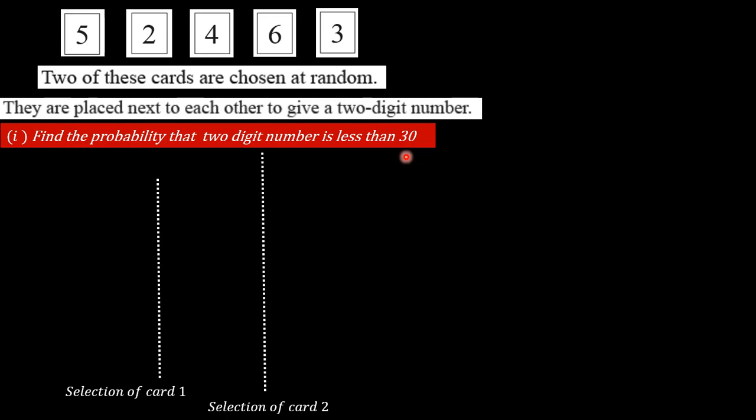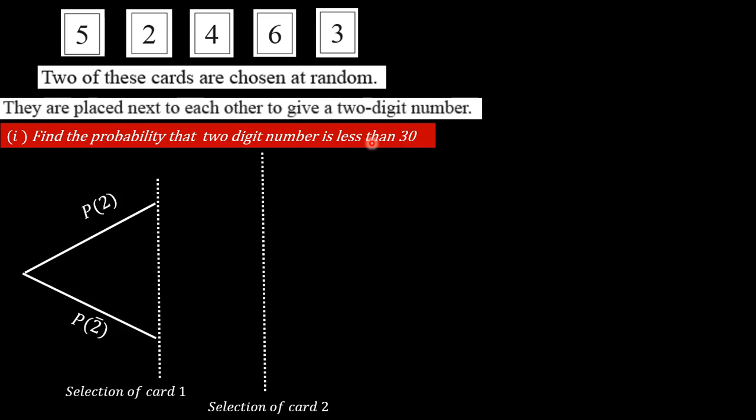We can get 2 on the card, or a card bearing a number that is not 2, which means the first trial can have a number 2 or any other card out of these: 5, 4, 6 or 3. If we get the number 2 on the first card, it means we can have a number that is less than 30.